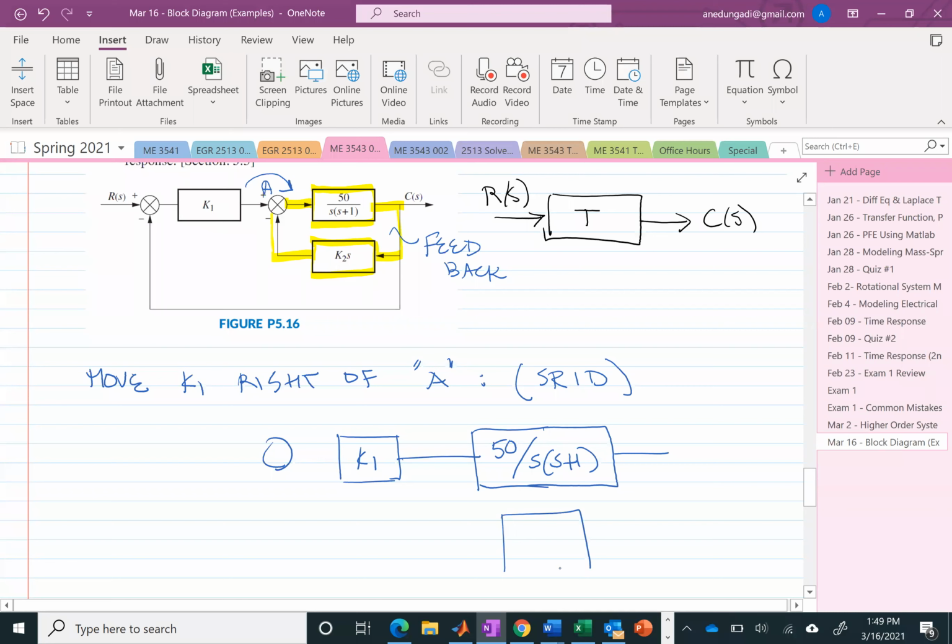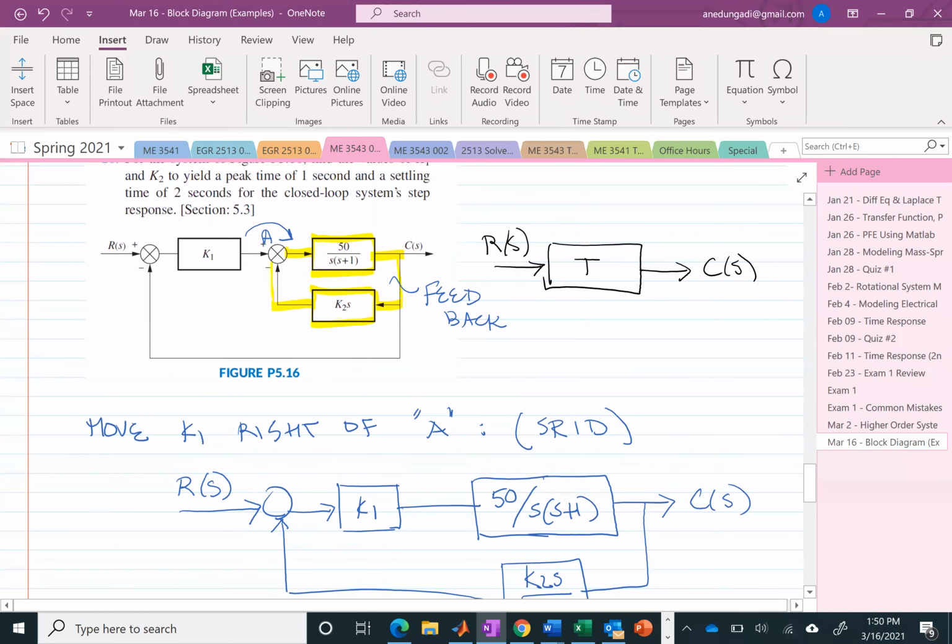So that makes it K2S divided by K1. R of S, and this is C of S.